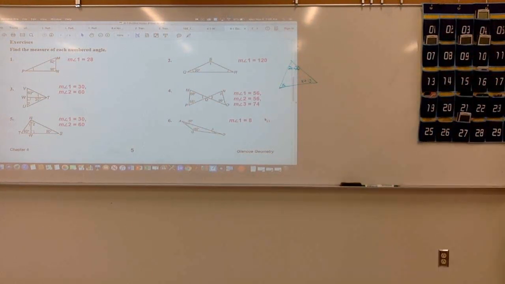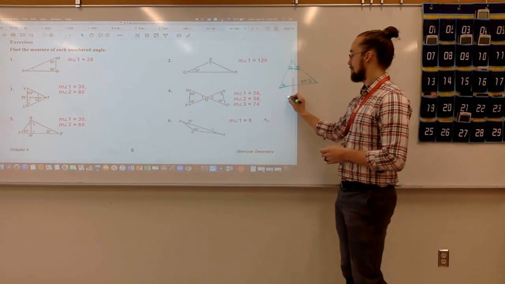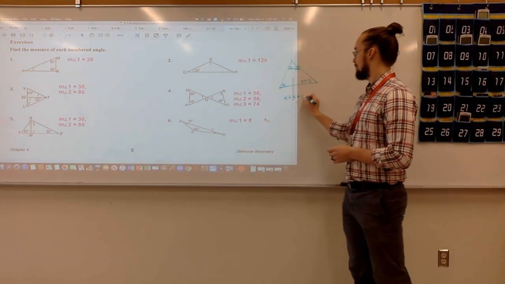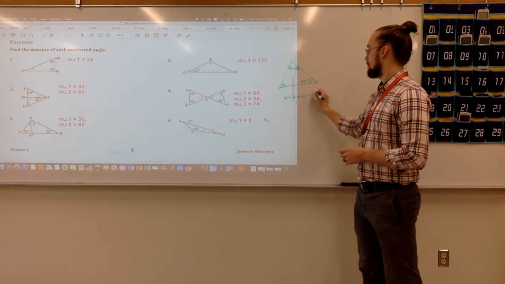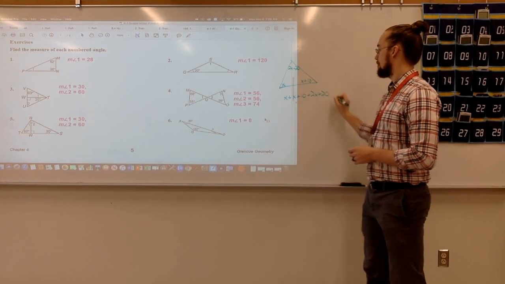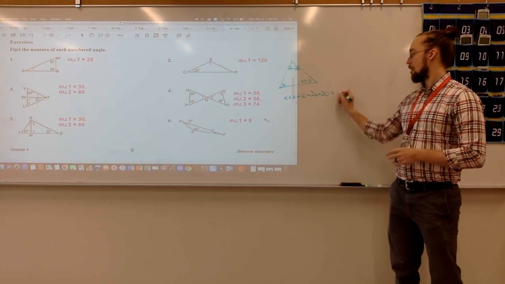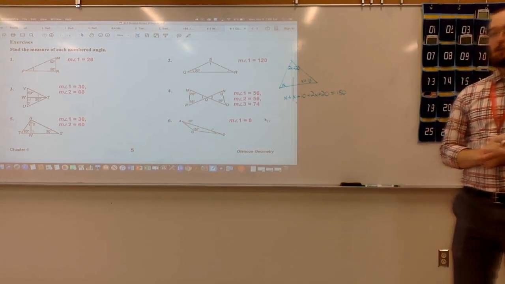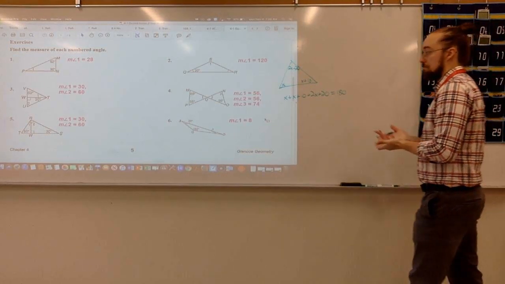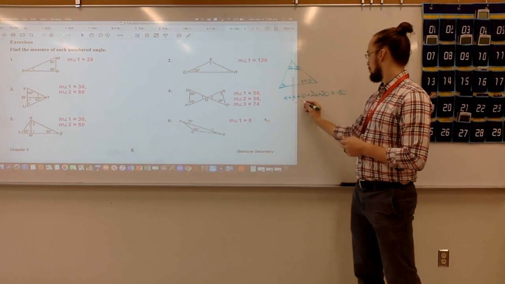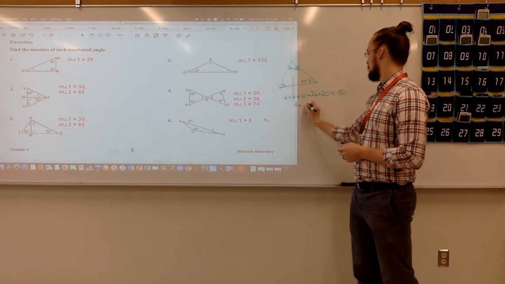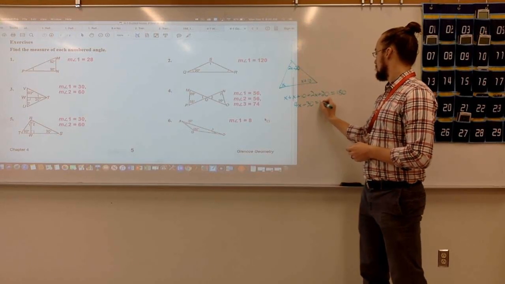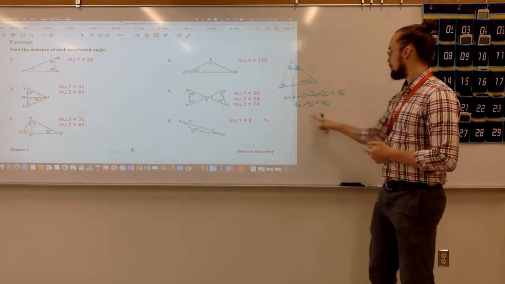How would I solve for x? x plus 10 plus 2x minus 20 plus 10, sorry, equals 180. Just add them all together. Set that equal to 180. So I would combine all my like terms. We get 4x plus 30 equals 180.